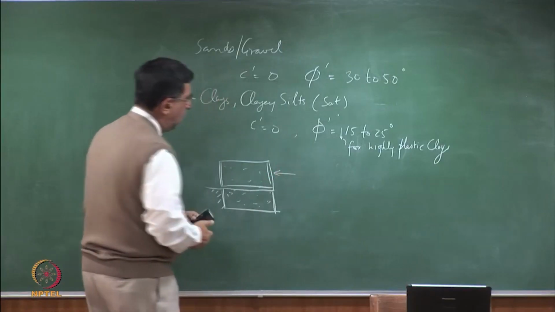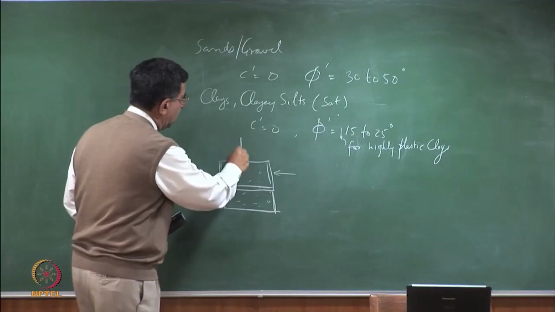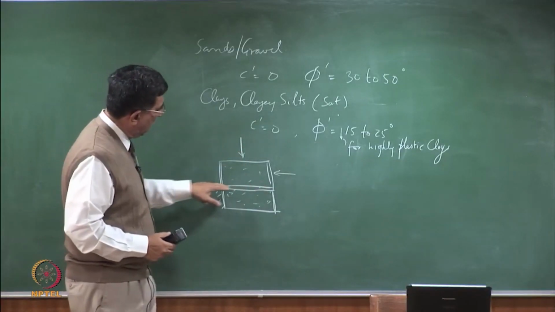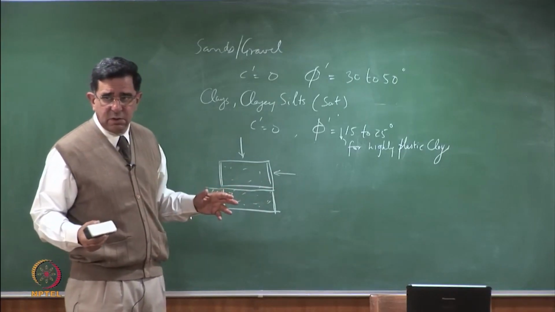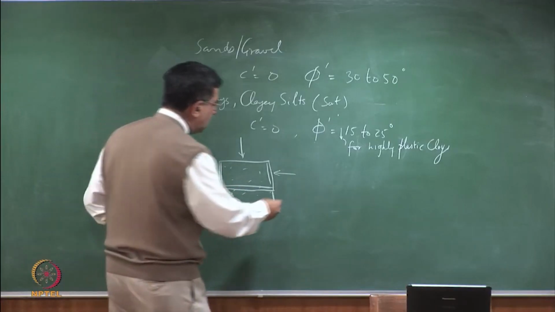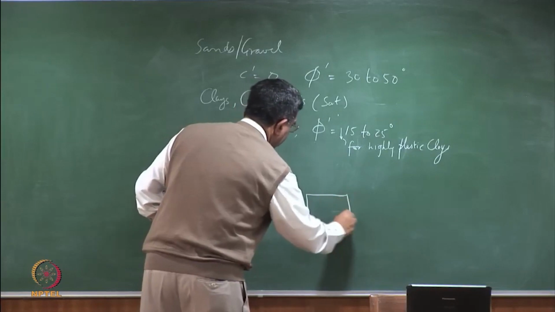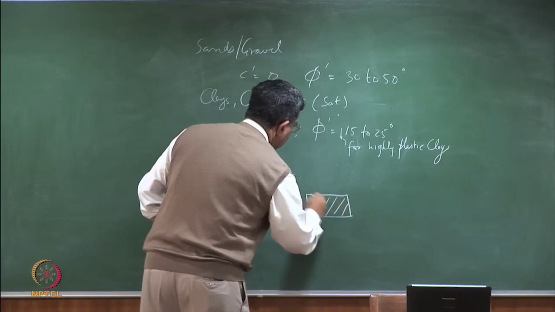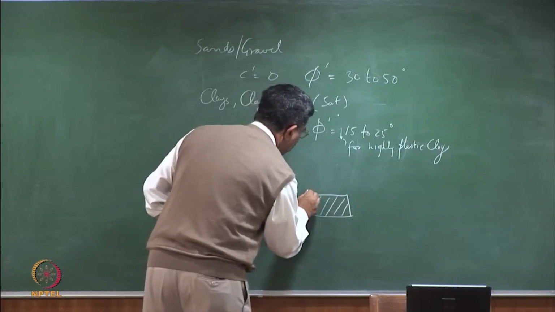You will keep the bottom box fixed, move the top box after applying a normal load, right? And that gives you the angle of shearing resistance along this interface. The direct shear test. All of you have performed the direct shear test. Now, if I take the lower box and instead of having soil in it, I put a rigid piece and on top of it, let me say I put the geomembrane.